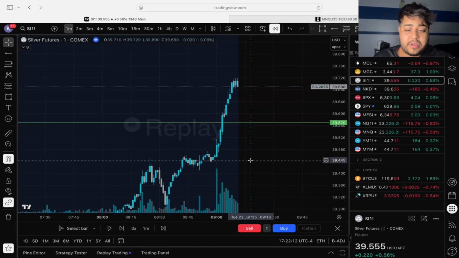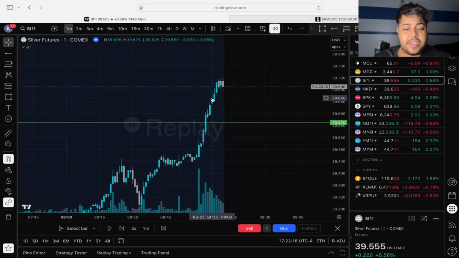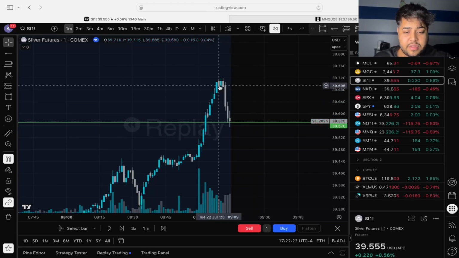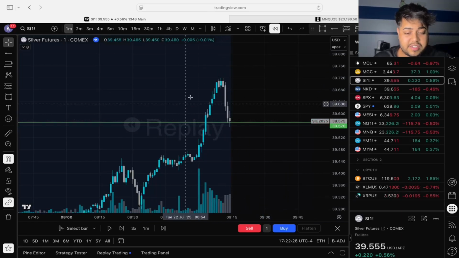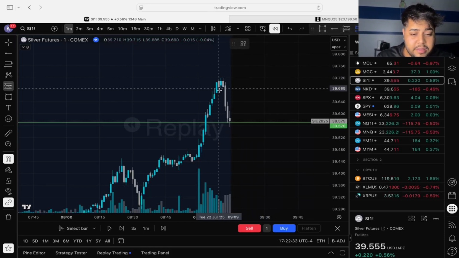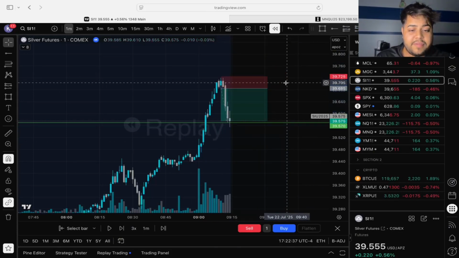So as soon as I saw a little hesitation, it didn't keep pushing through. That's when I got in. I got in right here in this little consolidation, as soon as I saw a little hesitation, because I knew I wanted a sweep. A sweep usually happens violently. So I got in right here, and literally my stop was right above the high.